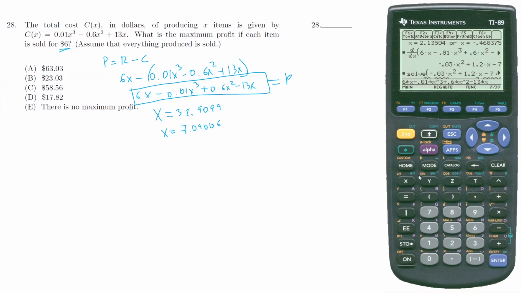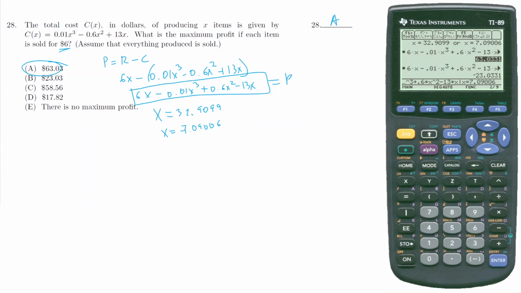Because I'm on the test, I don't care. x equal to 32.9099, and the other one is 7.09006. Clearly it's 63.33. So that's A.